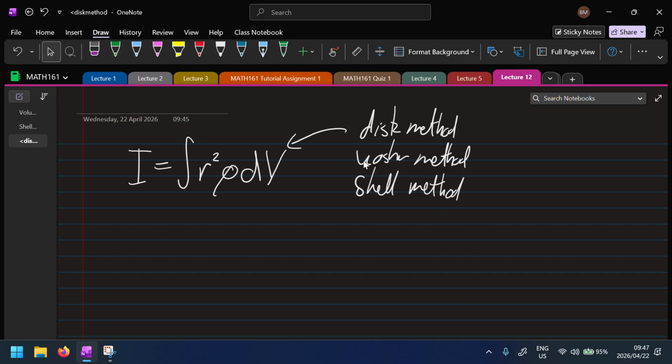And then last thing, the quiz. Next week, Monday's a holiday, so we're not going to have a quiz then. The quiz will be the following week, which means the quiz will be on the stuff we've done this week, the disk method, washer method, shell method, and the stuff we're doing next week on the moments of inertia. For the written part, it will be one question on just finding the volume, 5 marks.